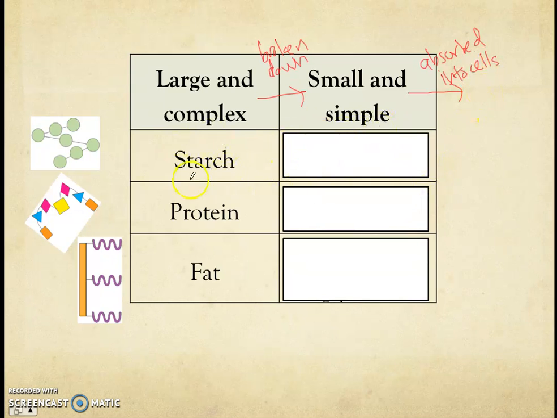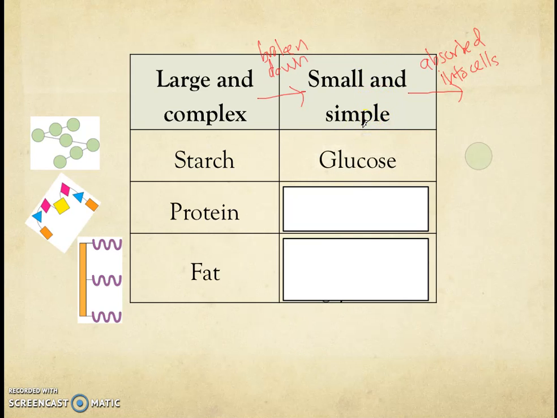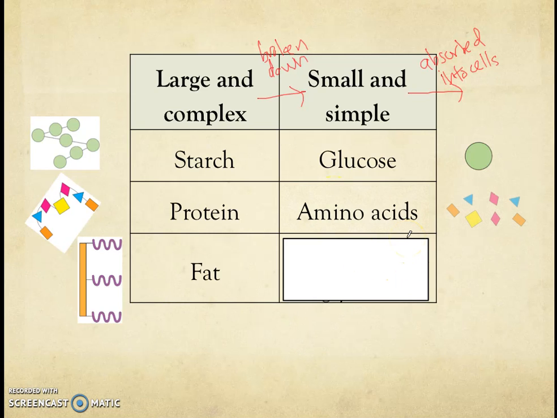Now, starch is an example of that large and complex food molecule, and starch, we know, is broken down to something that's small and simple. It needs to be broken down to glucose, which can then be absorbed into cells. Proteins are also far too large to enter cells, so they need to be broken down into amino acids in order to be absorbed into cells.